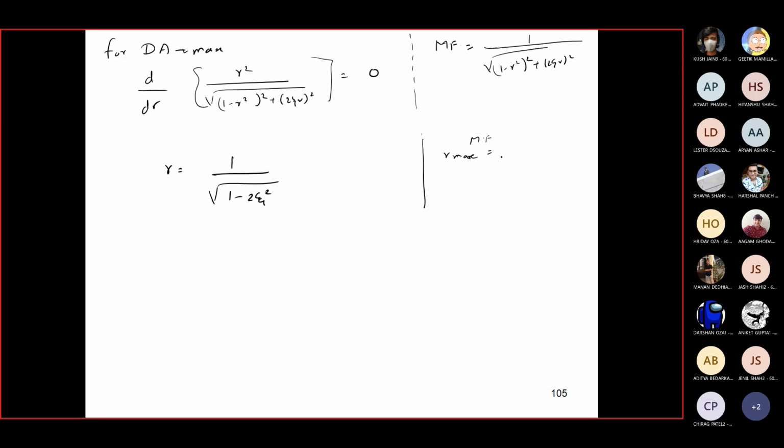The r corresponding to the maximum magnification factor was square root of 1 minus 2 zeta square. So here in this case we get a reciprocal of that.